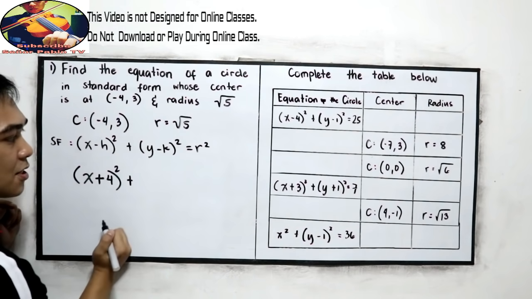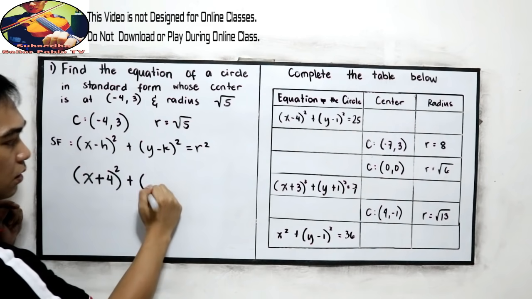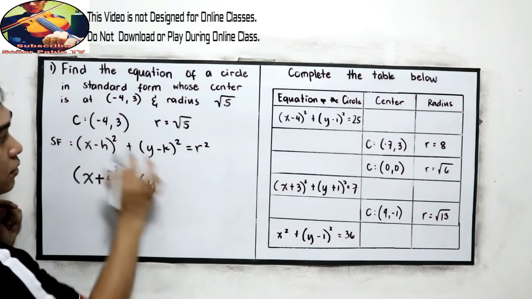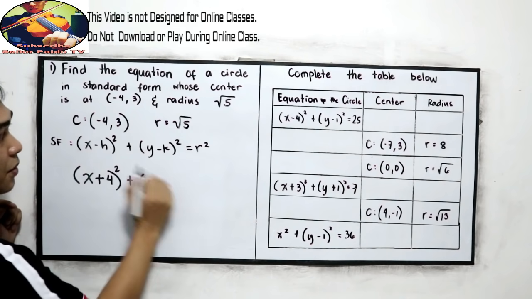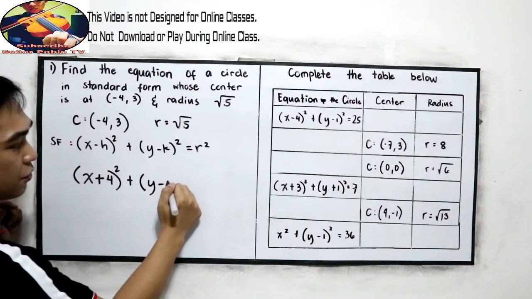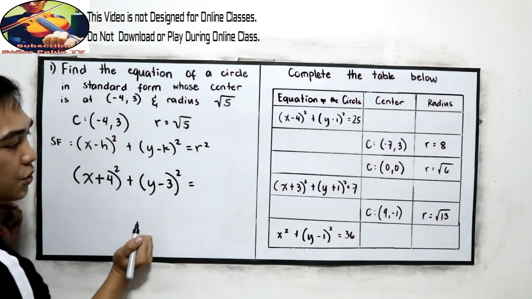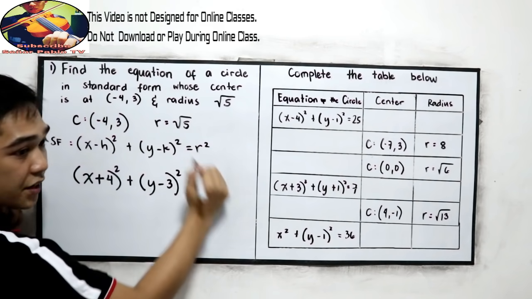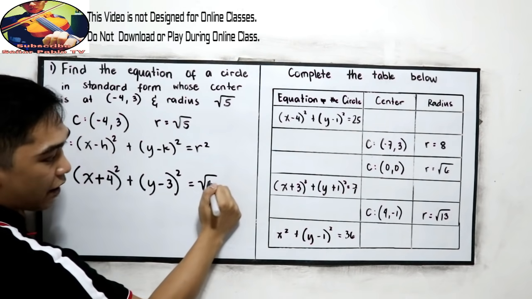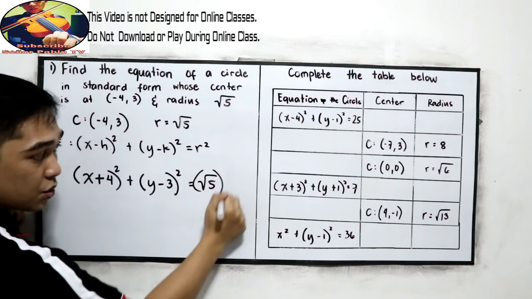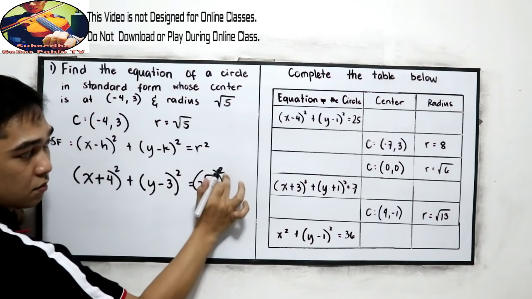Then plus (y, reverse the sign, the positive 3 will become negative 3) raised to 2 is equal to our r, which is square root of 5. We're going to square.